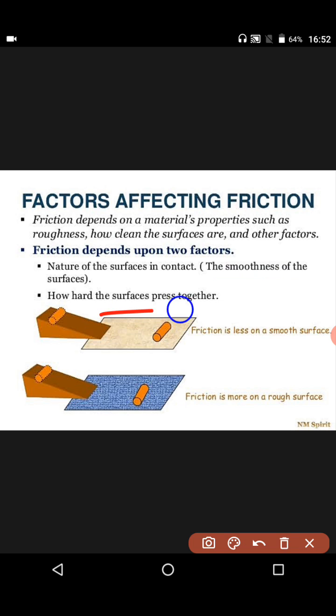And how hard the surfaces are pressed together. These are 2 points to be noted: the nature of the surface in contact and how hard those surfaces are pressed together. So friction depends upon these 2 points majorly. You can just note it down if you want.